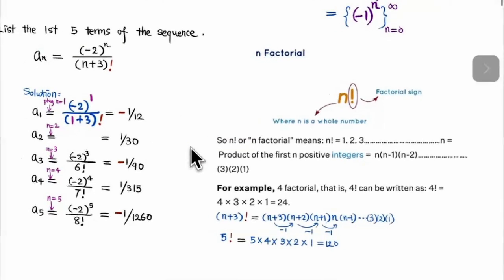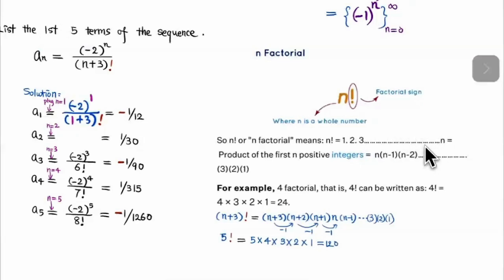So what is a factorial? This exclamation sign is the sign for factorial. It means you multiply 1 and 2 and 3 all the way to n.